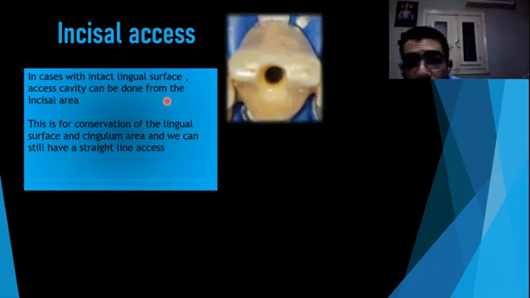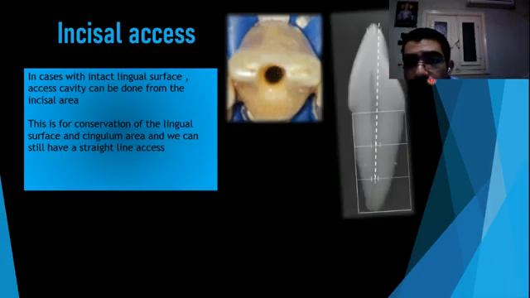This is for conservation of the lingual surface and the cingulum area. As you can see from this x-ray, if we do our access cavity from the incisal part, we can still have a straight line access, and we conserved all this area of the lingual side and the cingulum in order not to weaken the structure, and to have more resistance to fracture in the future.